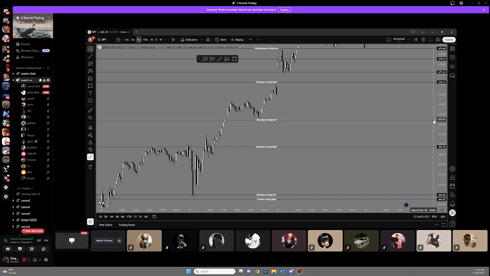Basically, drew it, and it breezed past 2 and 2.5. That's usually where price stagnates, where quote unquote fair value or fair price is. But as exhaustion runs out, it just breezes way past that.